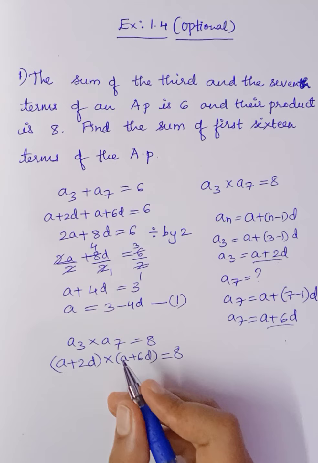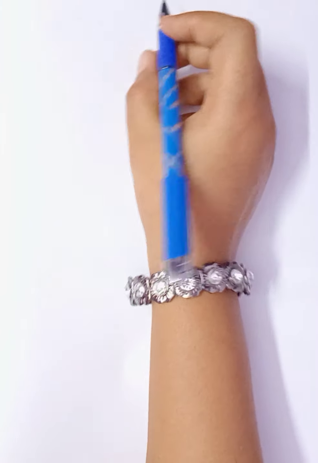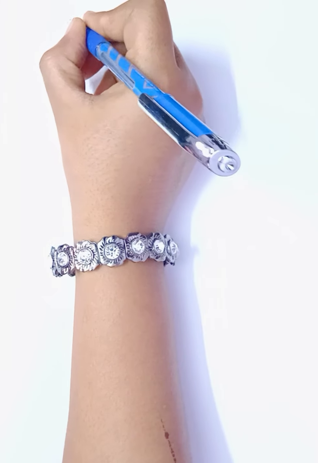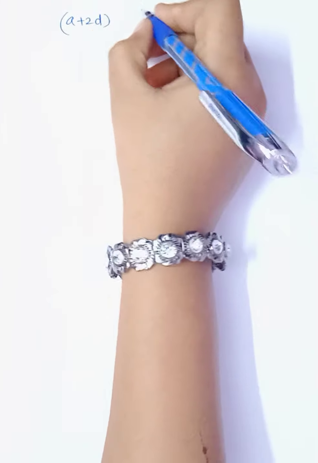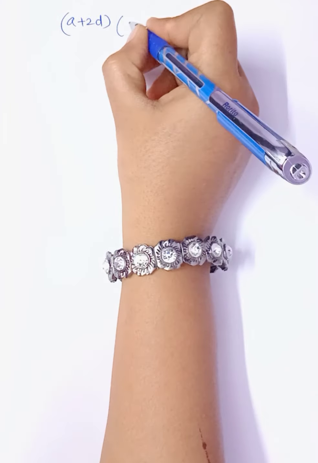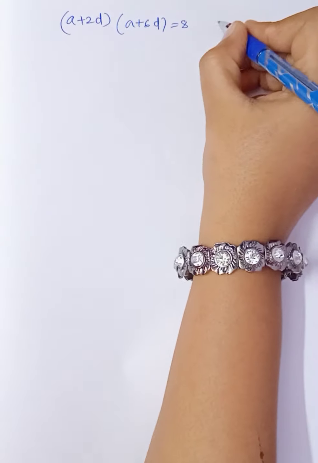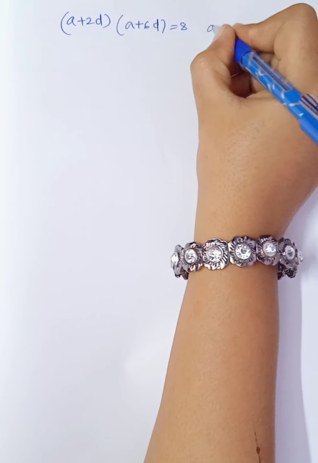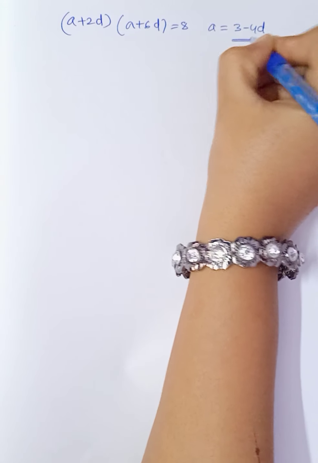Now I am going to write the given terms once again: a plus 2d, a plus 6d, which is equal to 8. And I have got the value of a as a is equal to 3 minus 4d, which is equation number 1.